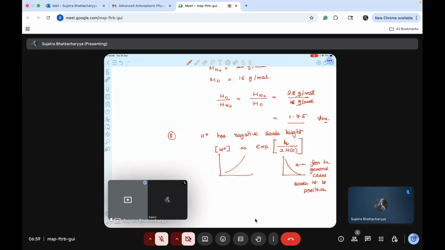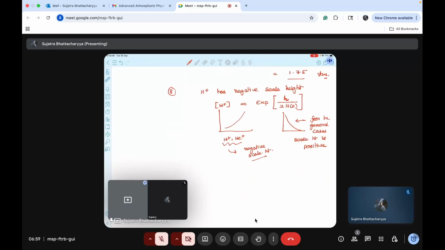But in the case of hydrogen, H plus and helium plus ions generally tend to have negative scale height. So this is how we can say that the scale height is negative for hydrogen as well as helium, but the options are not given for helium.